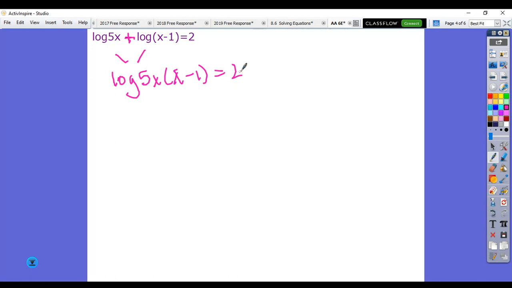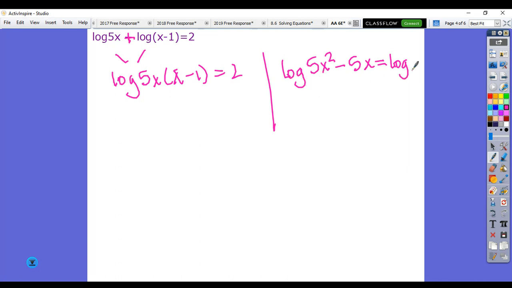You can do this a couple of ways. We can replace this just like we were doing before, which would look like what? Log, I'm going to go ahead and distribute. That'll be 5x squared minus 5x equals, this is base 10, right?